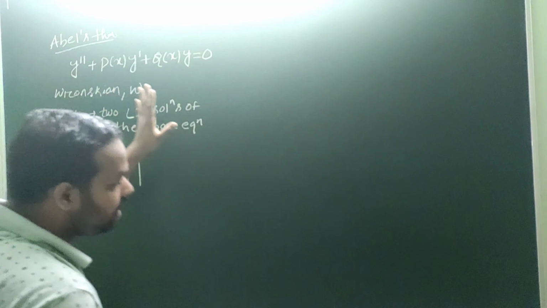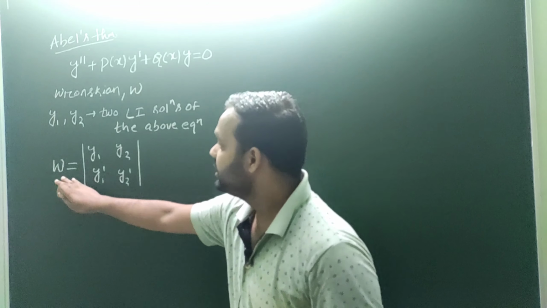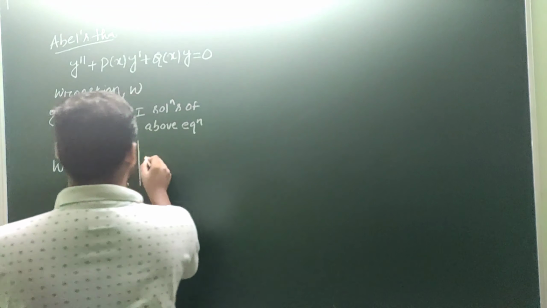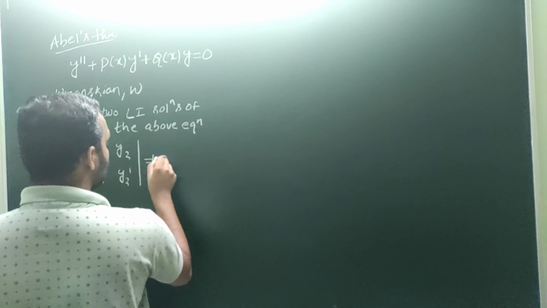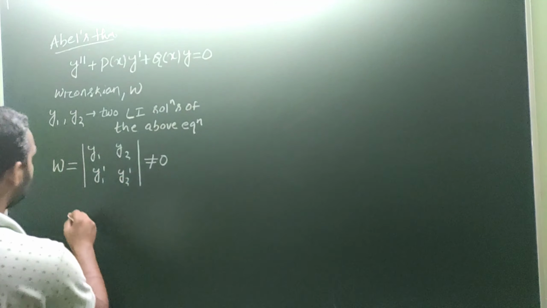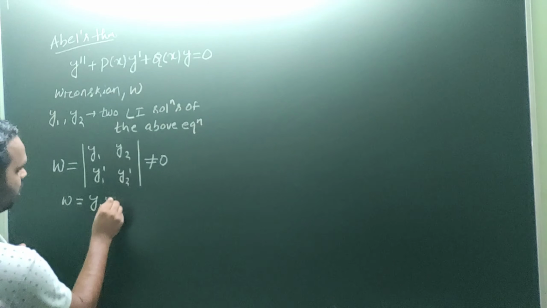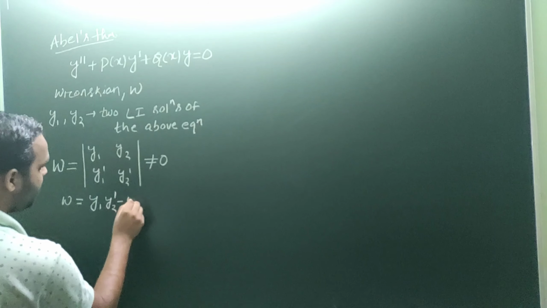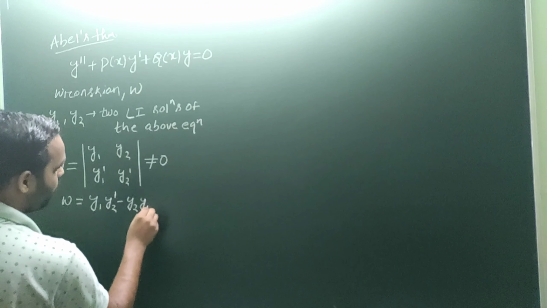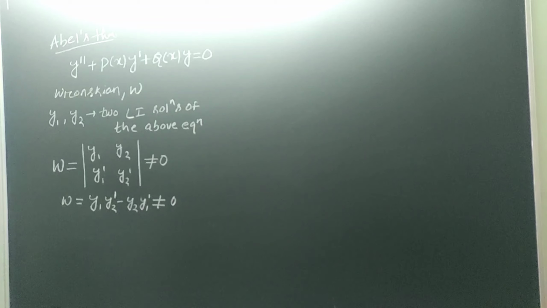And for a second order linear homogeneous differential equation, this is always not equal to 0. This cannot be 0. If you find the determinant here, we can write W is equal to y1 y2 dash minus y2 y1 dash, and this is never 0.